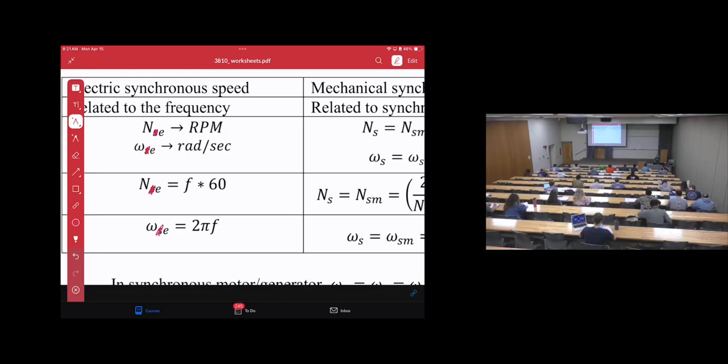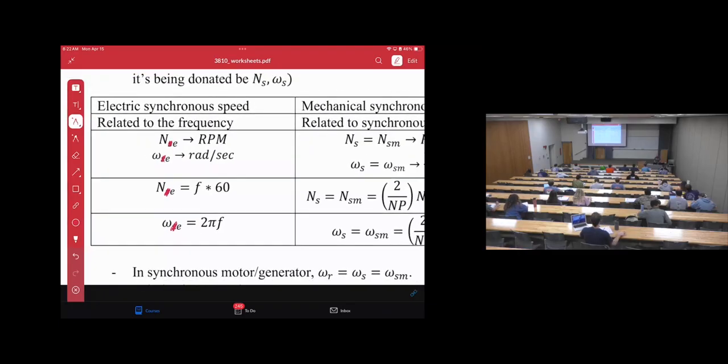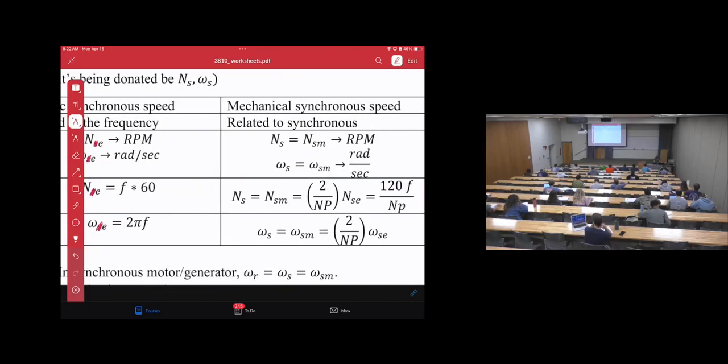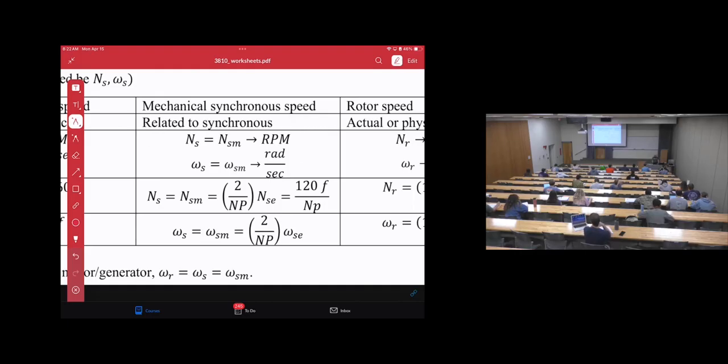So NE equals F times 60, with omega electrical equal 2 pi times F. That was electrical speed. Mechanical speed, or the synchronous speed, NS equals 2 over number of poles times NE. Then the same, omega S equals 2 over number of poles times omega E. And the famous formula 120 F over number of poles, that's the synchronous speed.